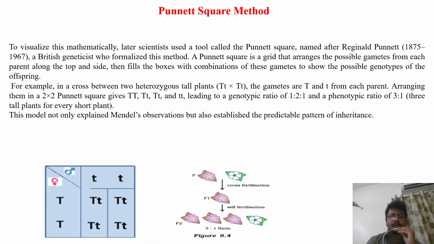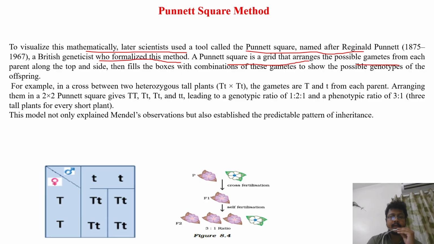Now, in genetics we use the Punnett square to visualize these numbers efficiently. To visualize this mathematically, scientists used a tool called the Punnett square, named after Punnett, the British geneticist who formalized this method. A Punnett square is a grid that arranges possible gametes.